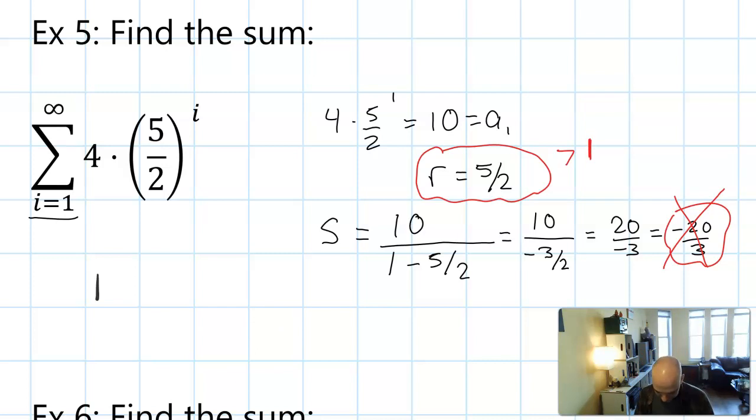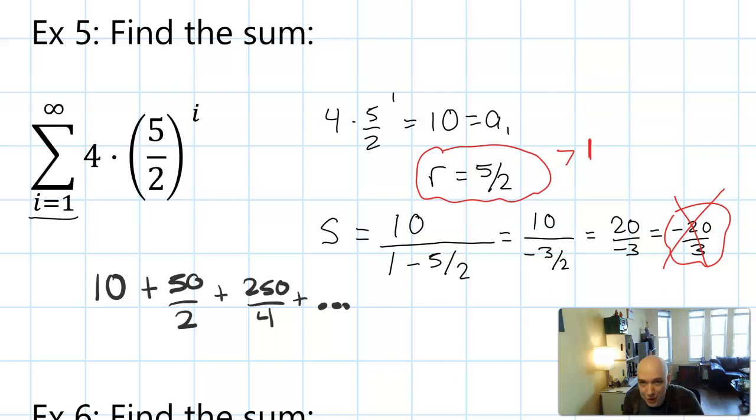What if we actually write out the terms of this series? We know the first one would be 10. Then the ratio is 5/2, so that would be 50/2, or 25, plus 250/4, plus, etc. The terms aren't shrinking, folks. We're multiplying by 2.5 every time. The series here has no sum.